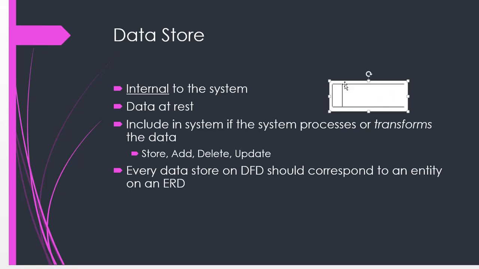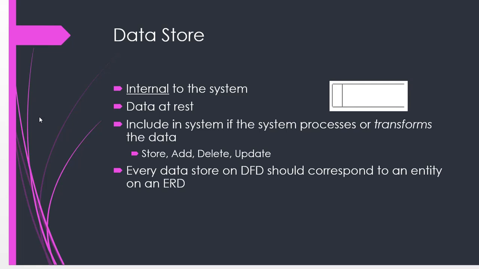It's a rectangle, but it has got a line on the inside here that's showing some sort of little rectangle again, but at the end here it has no line joining the two long lines. So that's the difference between the external entity symbol and the data store symbol. The data store symbol does not have a line at the end here, but it's got a line in the middle.